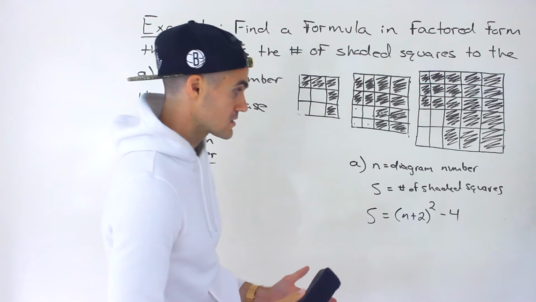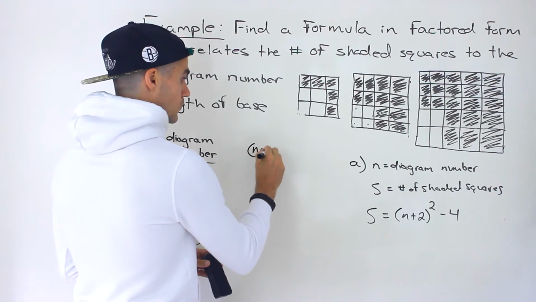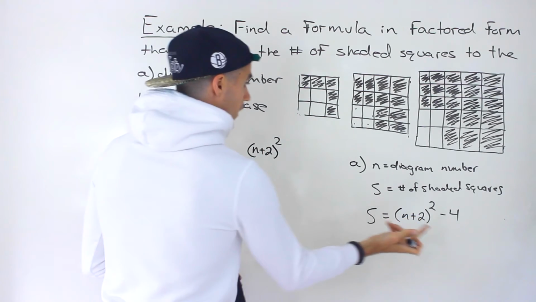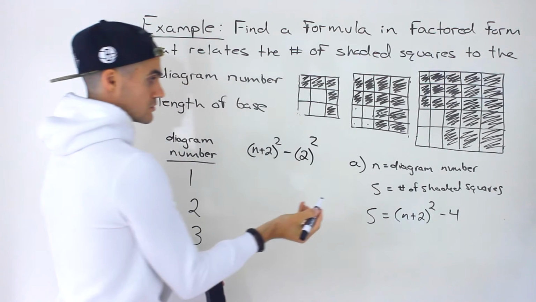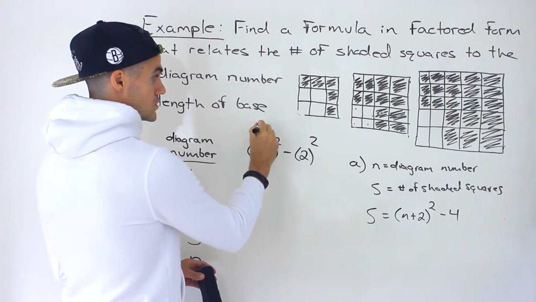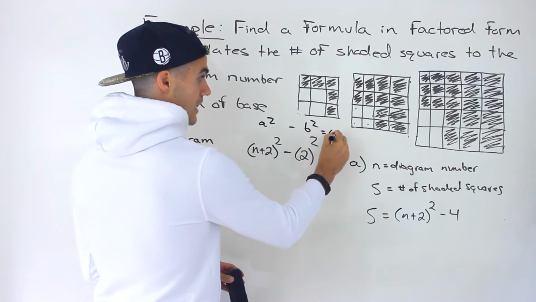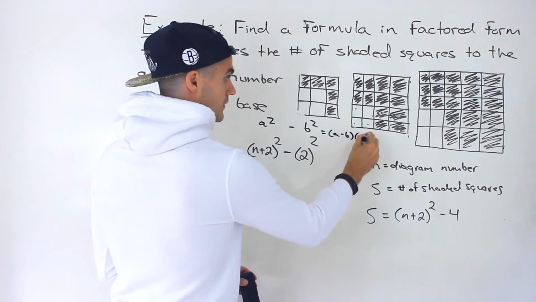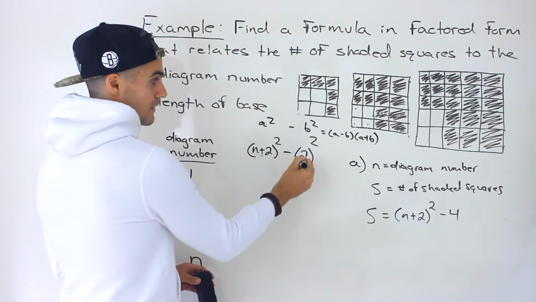So a couple of ways we can do that. First off, you can notice that you're dealing with a difference of squares. So we would have minus 2 squared right there. The 4 we could change into 2 squared, and then notice you're dealing with a squared minus b squared, and we know that is equal to a minus b, a plus b. Right? So notice that the a value is n plus 2, the b value is 2.